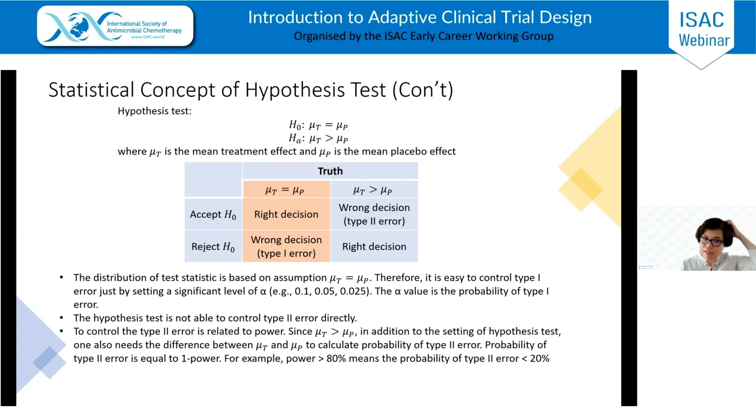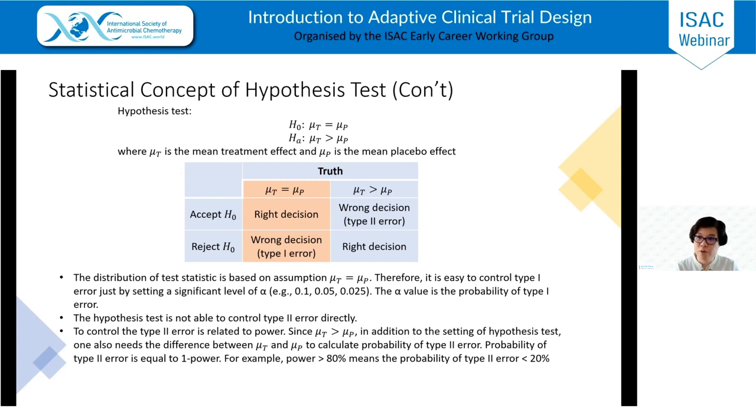Okay, go back to this concept again. So how to compare the type 1 and how to control the type 1 error? Actually, it's relatively easy. You set up the alpha, okay? How confident you are, how you want to set the alpha. So alpha in the early phase, like phase 2, probably we put 0.1, but 0.05 is quite common at phase 3 if it's 2 side.